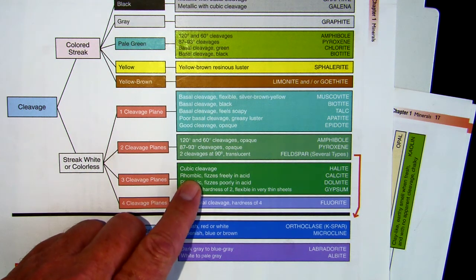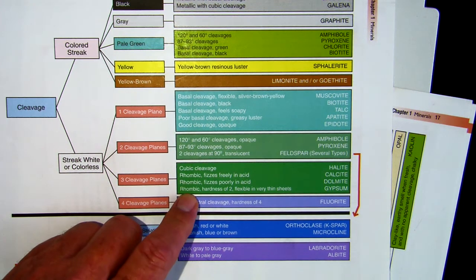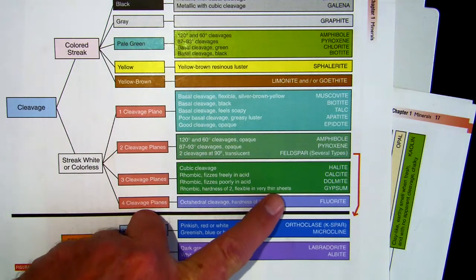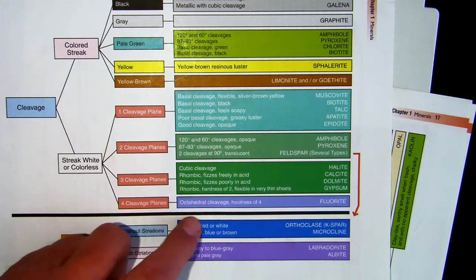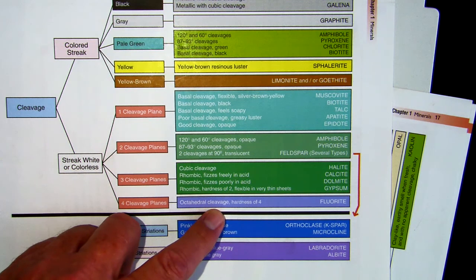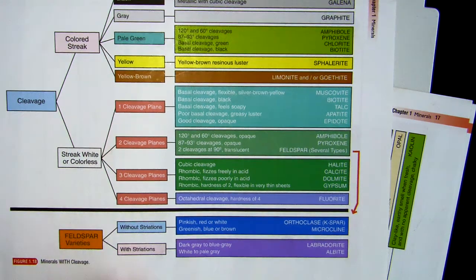Then we get into the calcite, that rhombic shape I discussed with you, and then the gypsum. It will not fizz, and it comes in like thin sheets, but more like little wafers. And then the fluorite with the 2 pyramid shapes back to back.